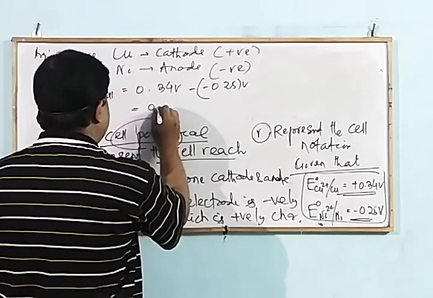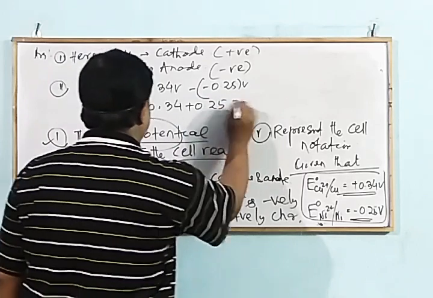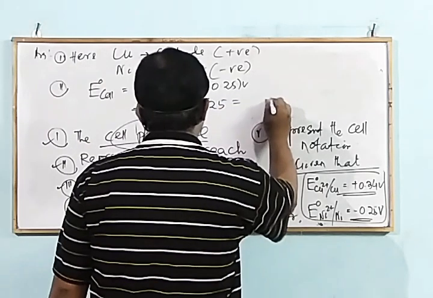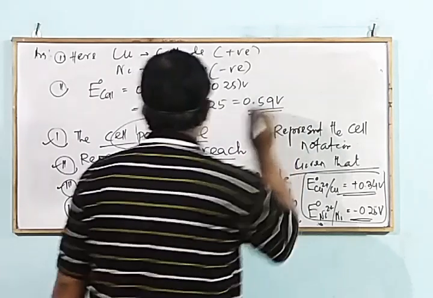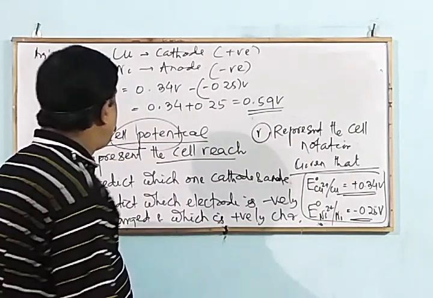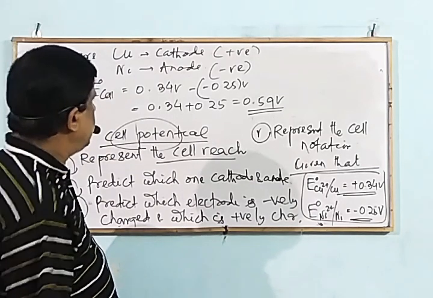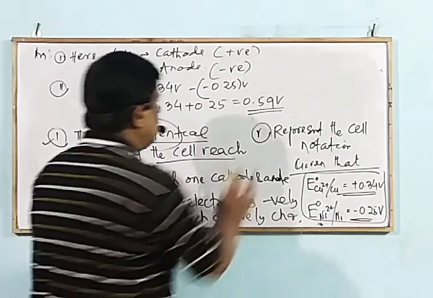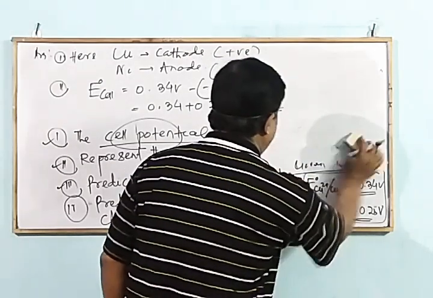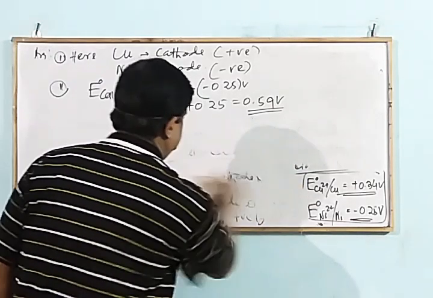That means 0.34 plus 0.25 is equal to 0.59 volt. This is the EMF of the cell, or cell potential. Next, we have to represent the cell reaction and the cell notation.